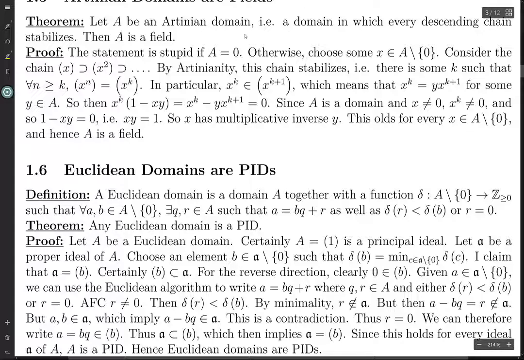The statement is stupid if A is 0, because we don't even talk about the 0 ring. We don't consider the 0 ring to be a ring. So choose some element x which is in the ring but which is non-zero. Will 1 work?